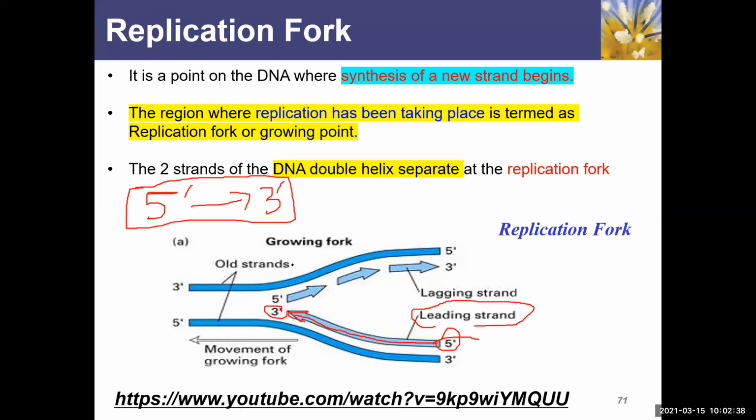So what happens? The other strand is synthesized in smaller fragments. This strand, which is not synthesized continuously, which is synthesized in smaller fragments, we call a lagging strand.